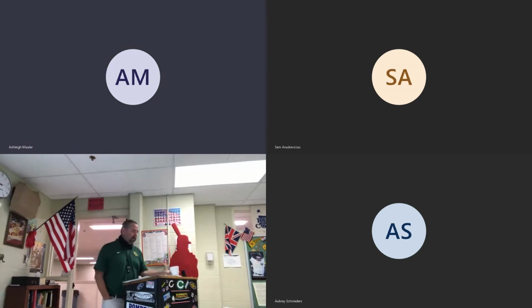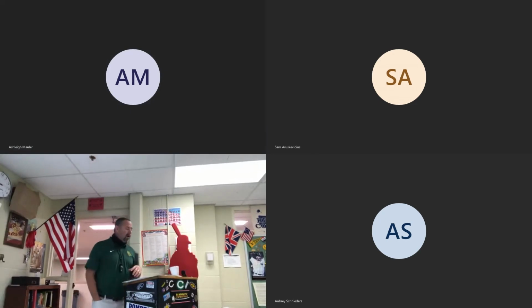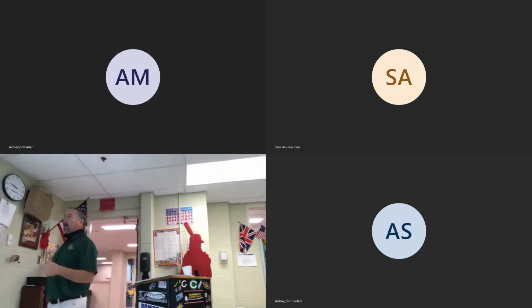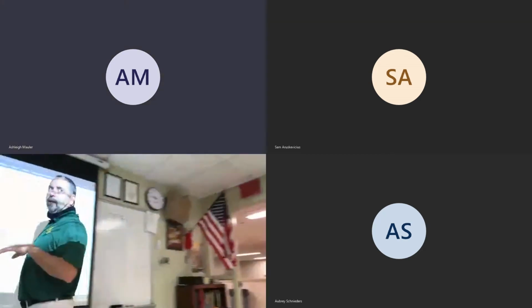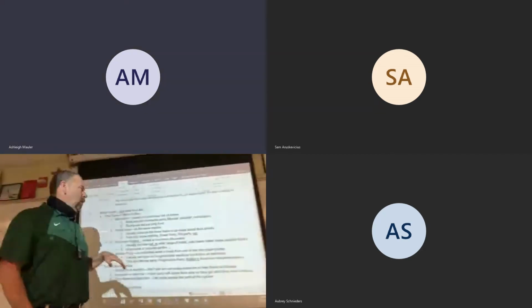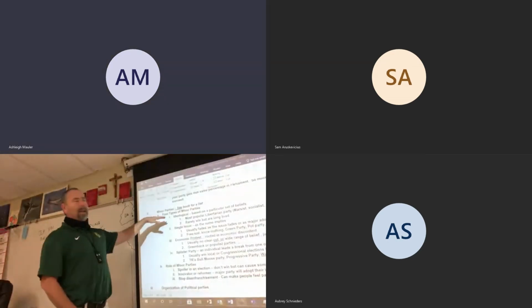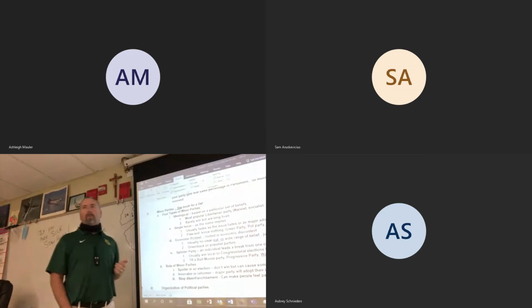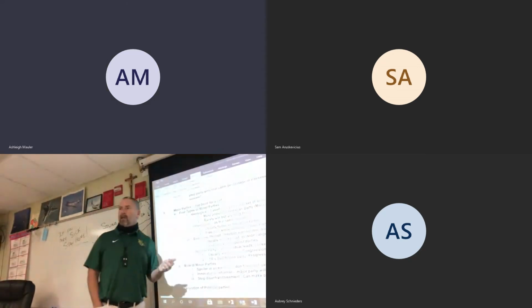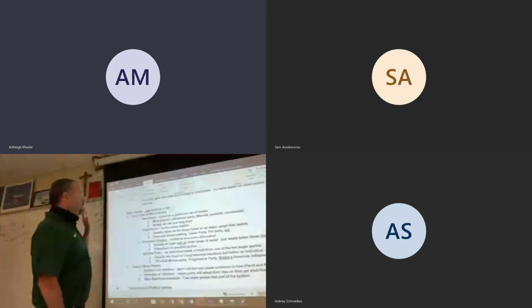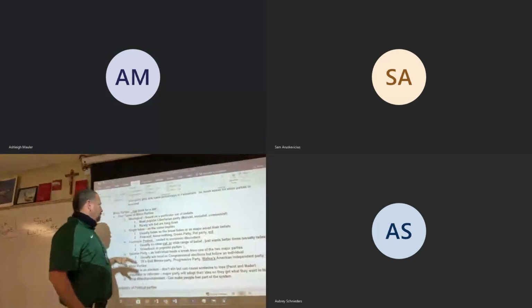These minor parties come and go, but these third parties are kind of long lasting. So let's look at these minor parties and how we can classify them into 4 areas. First, ideological. These are based on a particular set of beliefs.